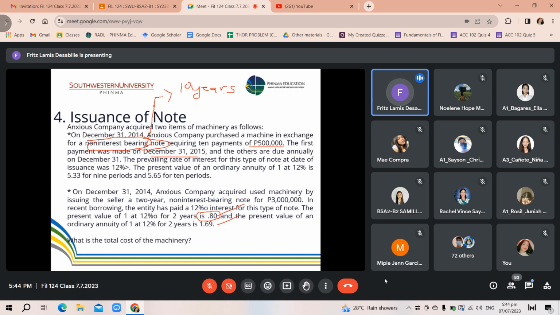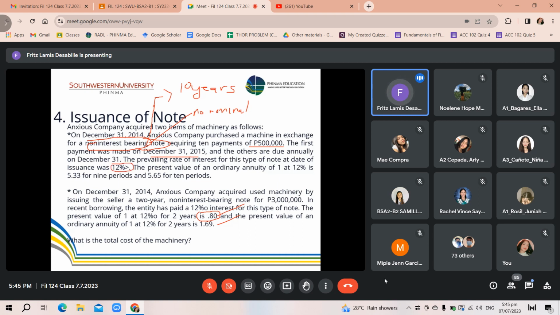Now take note, guys, if it is a non-interest bearing note, on the face of the note, there is no nominal interest. Nominal interest is the stated rate or the stated interest. But since nothing was stated, we call it non-interest bearing. So we have no nominal rate. However, in all debt instruments, whether there is interest or not, there is what we call an effective interest.